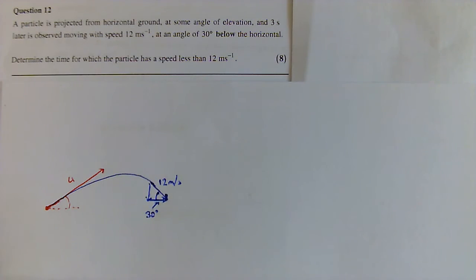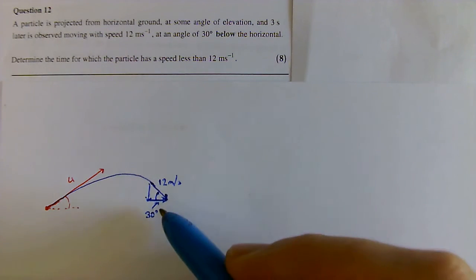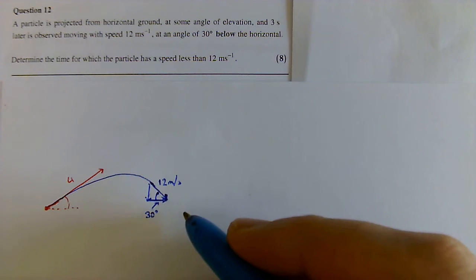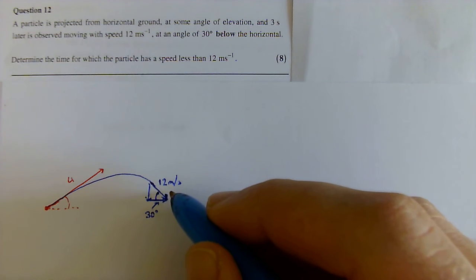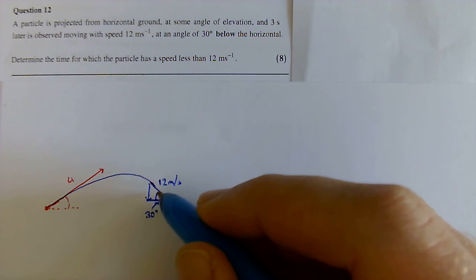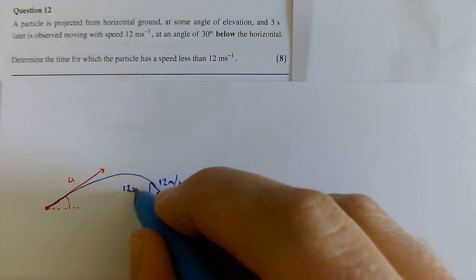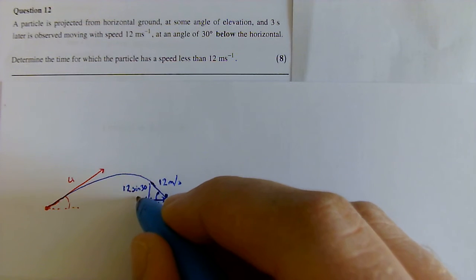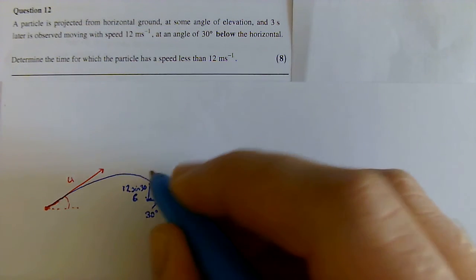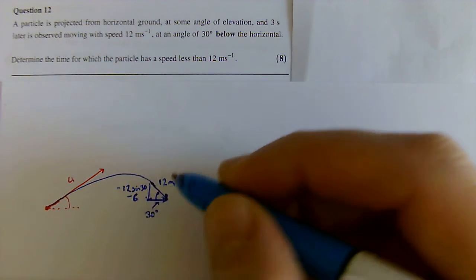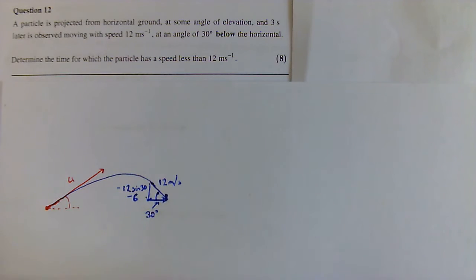So the first thing I'm going to want to do is decompose that into a horizontal and a vertical vector. So my vertical vector is going to be 12 sine 30, which is 6. But actually it's downwards, so we should really make it negative. So it's going to be minus 6 meters per second.